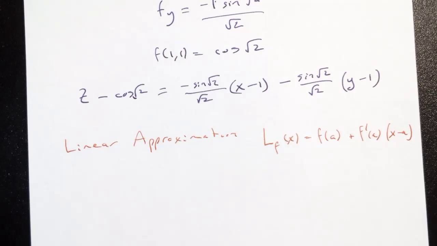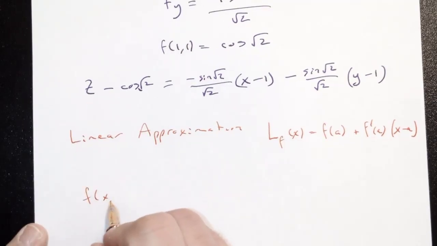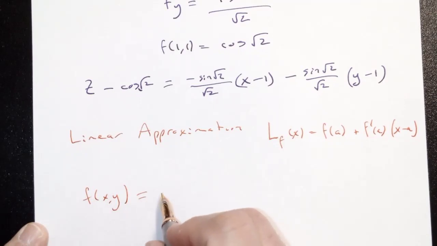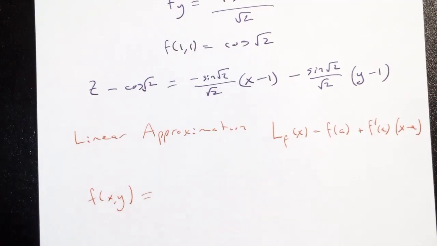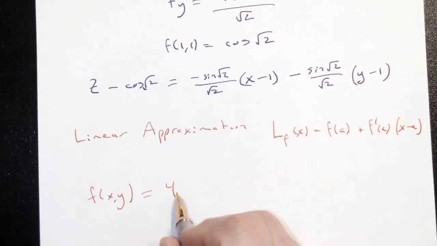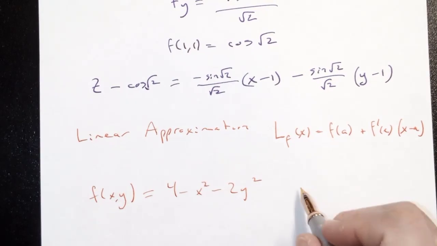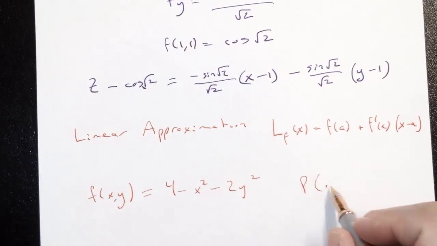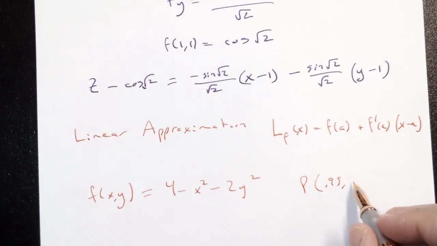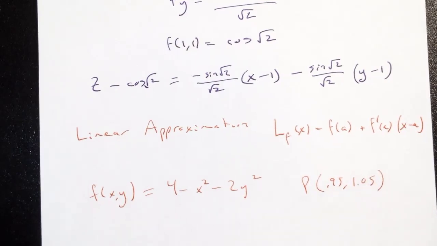So instead of actually trying to compute numbers on the ugly surface, if I wanted to figure out the value at 0.95, 1.05, well, that's a pain in the neck, isn't it? But that's really close to the 0.11.